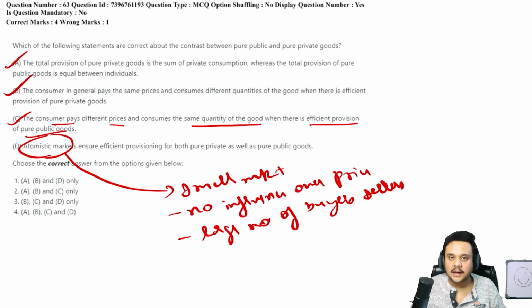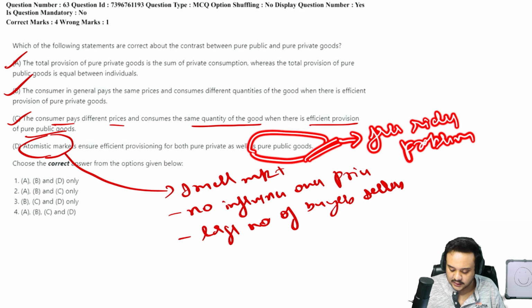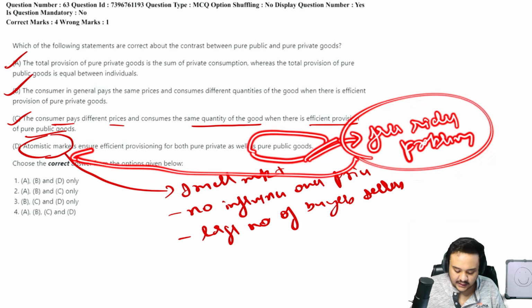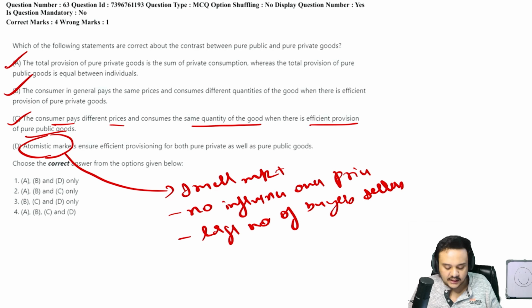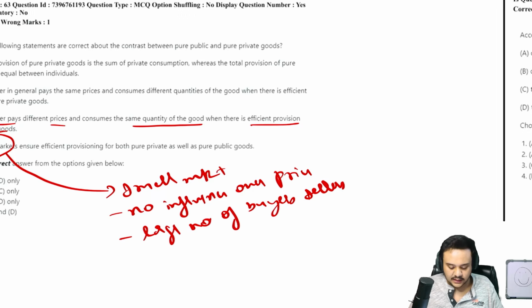Does this look like perfect competition? If yes, then you already know what happens to pure public goods in perfect competition: the free rider problem is going to arise. That is why these types of markets cannot provide pure public goods in an efficient manner. Right? That is why this last statement is wrong. So A, B, C is going to be your answer. Okay, let us move on.